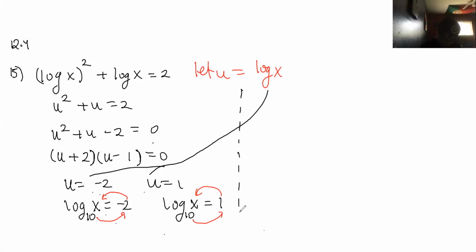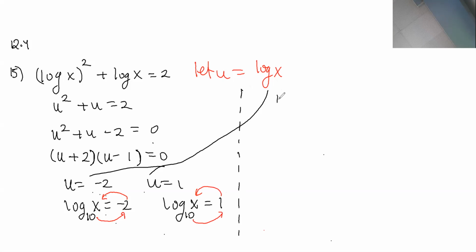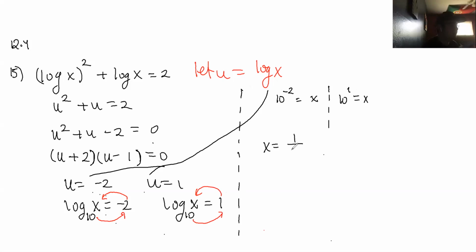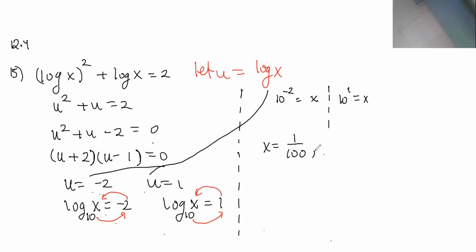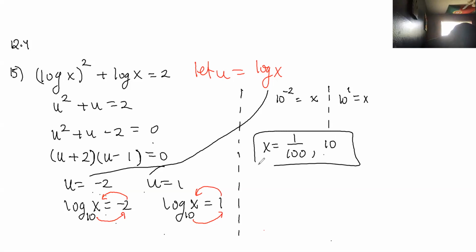Okay, so what does this one become? 10 to the negative second power is x, and the other one is 10 to the first power is x. What's 10 to the negative second power? 1/100. Comma, 10 to the first power is 10.